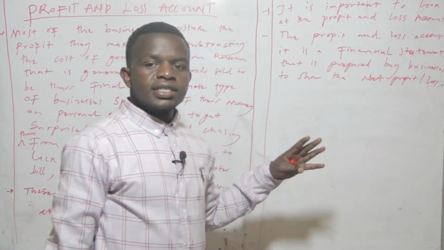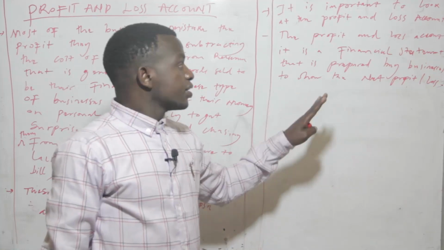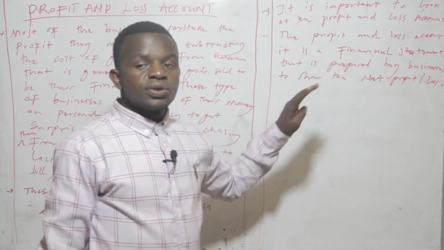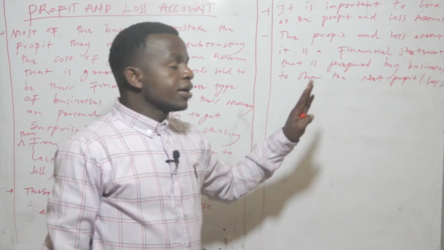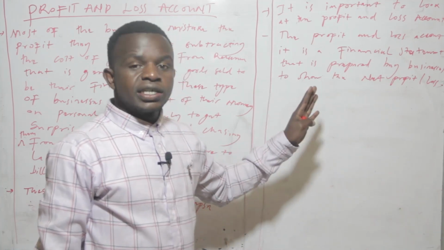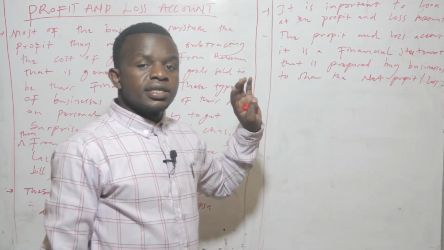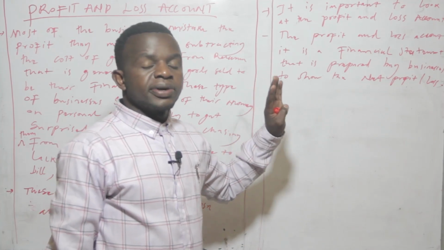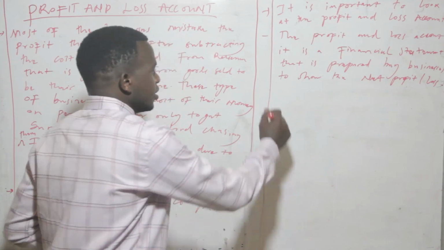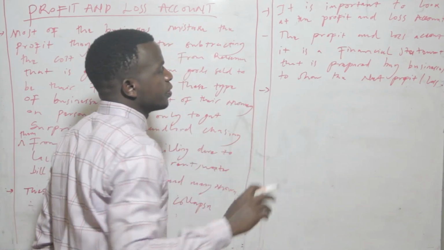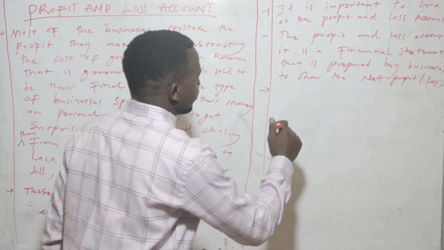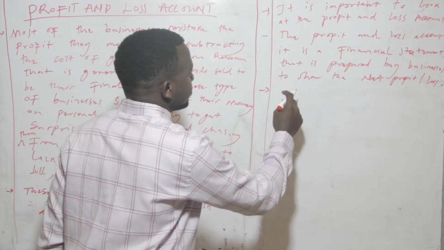And we can say that the profit and loss account is only prepared when the gross profit has been recorded or calculated. And we can say that the profit and loss account is the second part of the income statement. So here we only prepare the profit and loss when the gross profit or loss has been prepared.